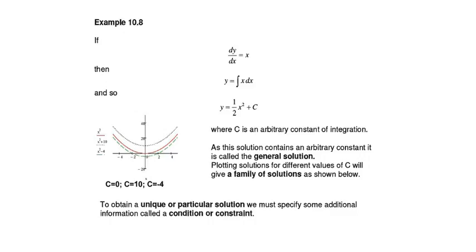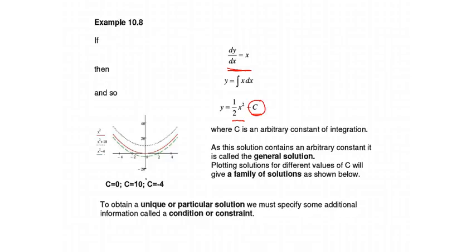Now the reason why we're making this point, that we can stick on a term to integration and they're all going to be valid solutions, is that if we were looking at the solution to this one, we're going to integrate that, and the integral is going to be half x squared plus a constant. This constant is arbitrary.